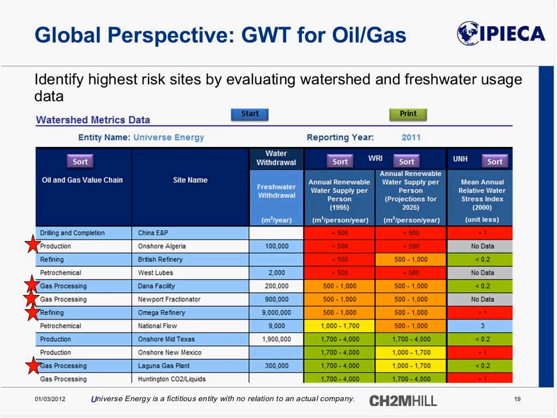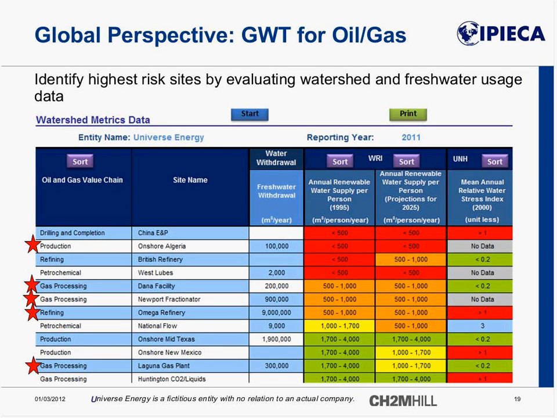But what you see is that there are 5 sites with the red stars next to them that are in water-stressed areas by a variety of these external stress severity factors, and that have fairly high freshwater usages.